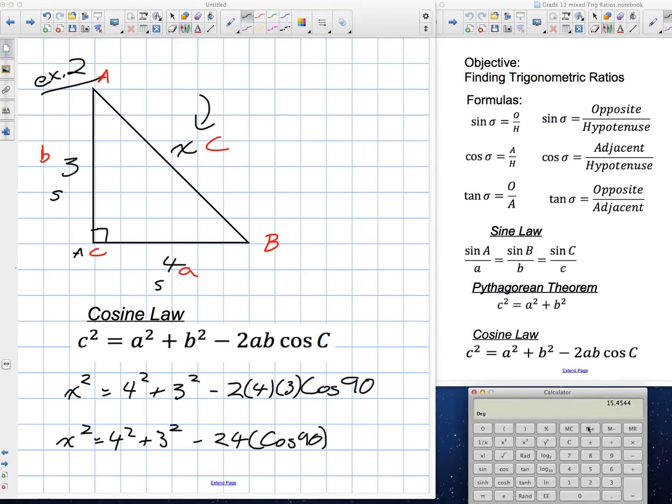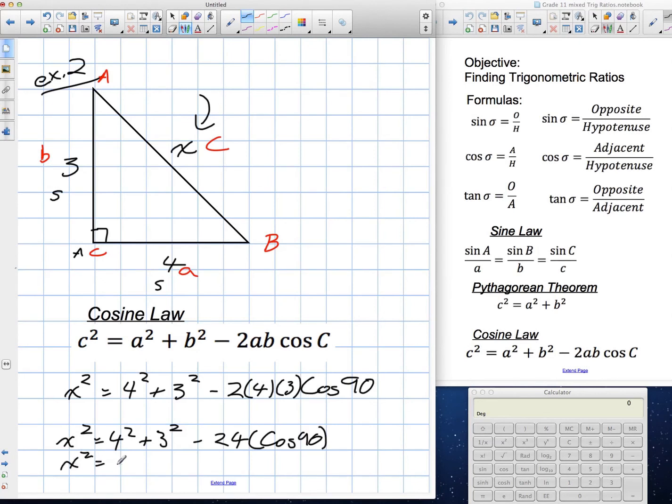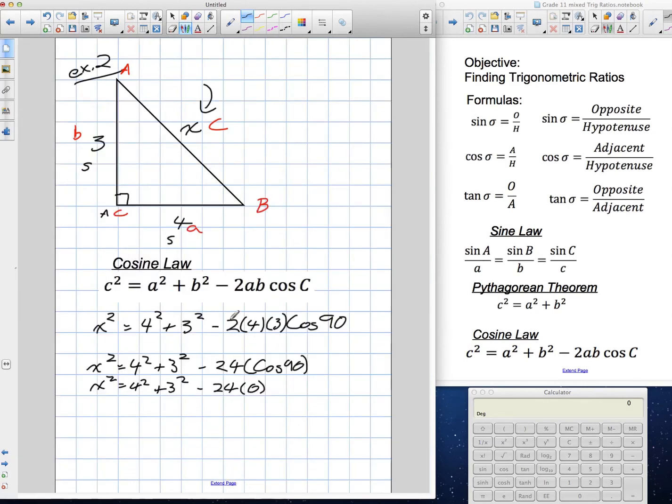Okay, so cos 90 is 0. So that makes sense. So this becomes x squared is equal to 4 squared plus 3 squared minus 24 times 0, which is going to give us what? 0.